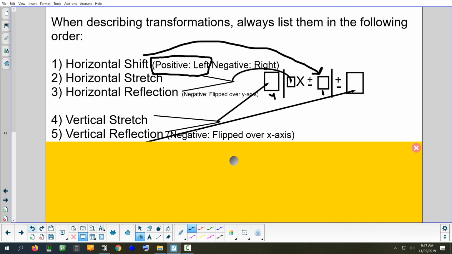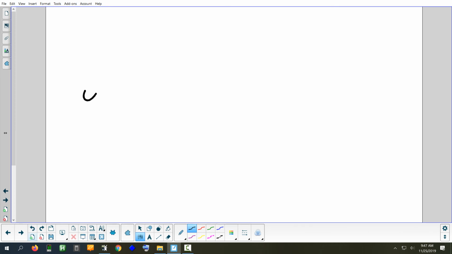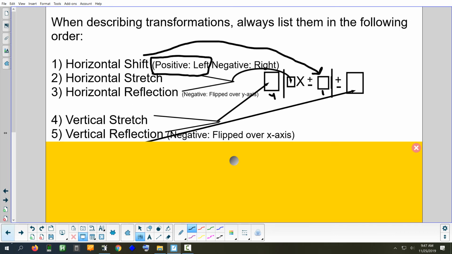A number in front of the bars would look something like this. A 2 is a number in front of the bars. That's an example of that one. When you put a number in front of the bars, that's called a vertical stretch. And I'm going to show you guys exactly how to describe it in 1 second.